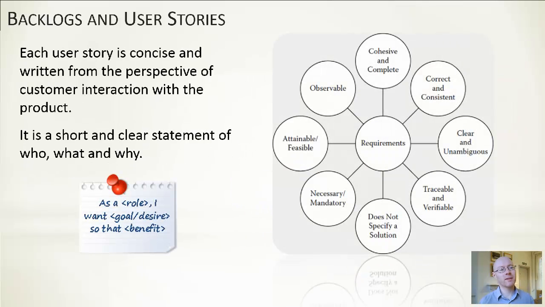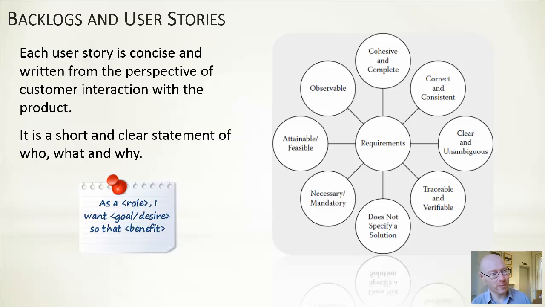So the next one then, a little bit of a side here on our user stories diagram. It gives you a bit of a breakdown of some of the desirable traits for how you would write it. In terms of use of clear, unambiguous language, it should be traceable, should be verifiable. It shouldn't specify a solution. It should be in terms of, well, I would like this, a what for a why reason.